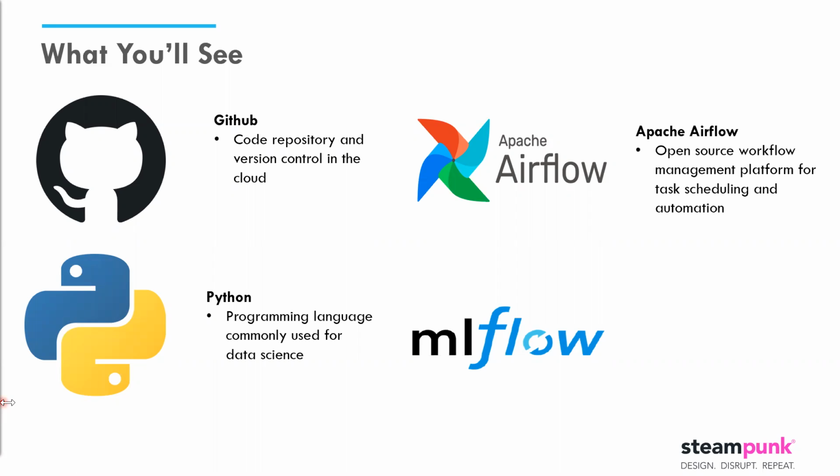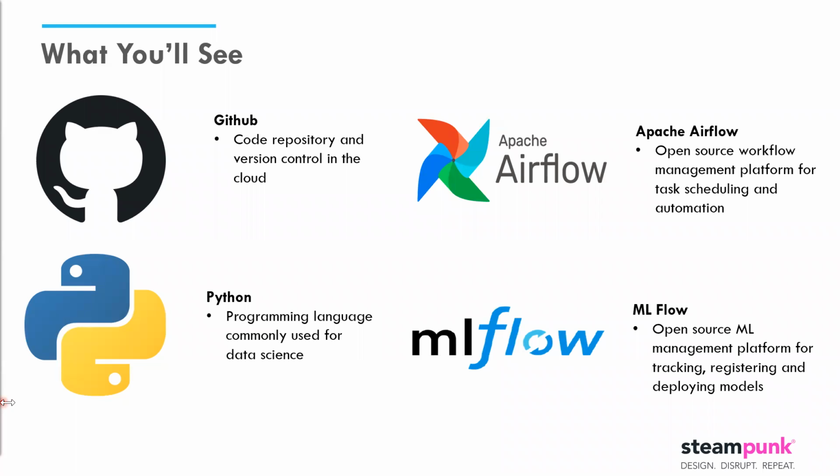Apache Airflow is an open source workflow management platform for task scheduling and automation. And then finally, MLFlow is an open source machine learning management platform for tracking, registering, and deploying models. So you'll see all of these in a second here as I jump out.